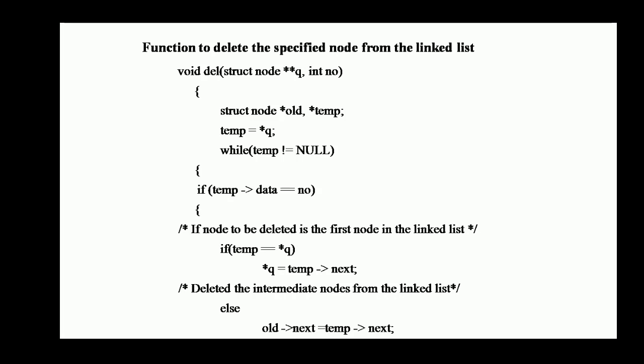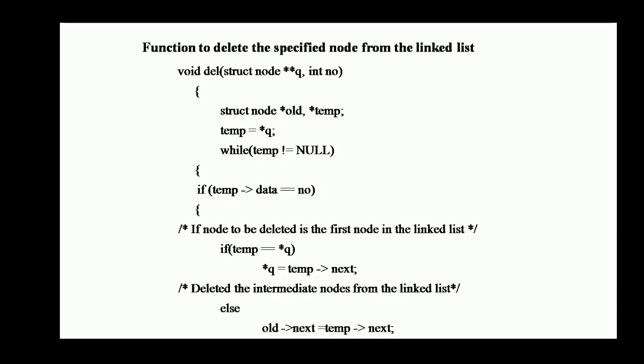See that program, where in the previous insert you have delete: struct node star q comma int number. Okay, struct node star old, that is the previous node, comma star temp, the name you have given is temp.